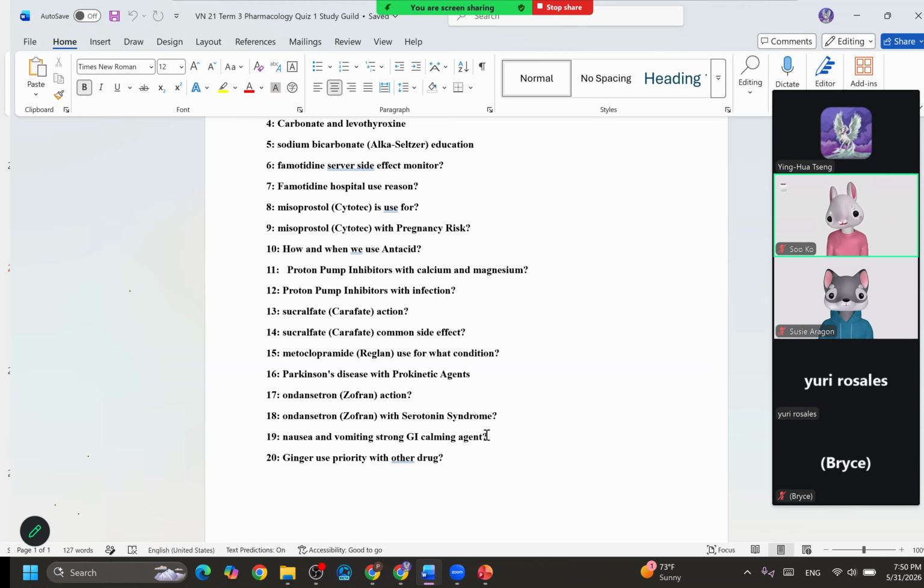The calcium normal range is 8.5, so below 8.5 is not enough. And the magnesium is 2.2, so below 2.2, magnesium is too low.